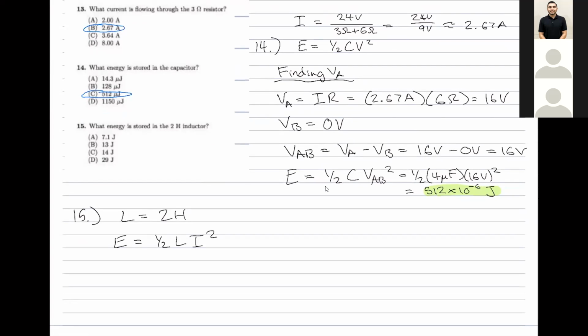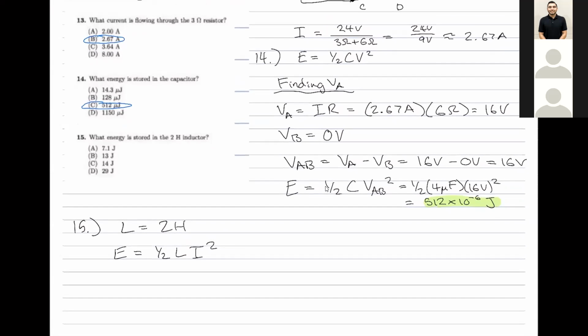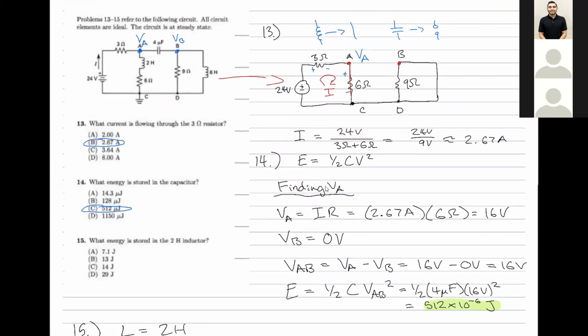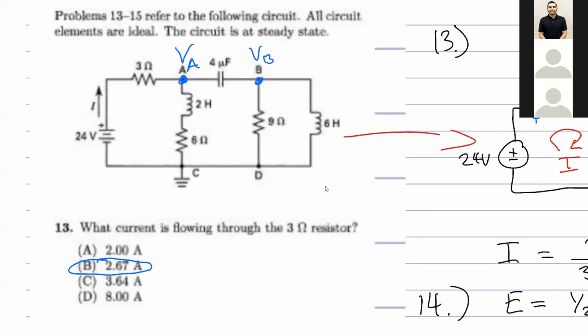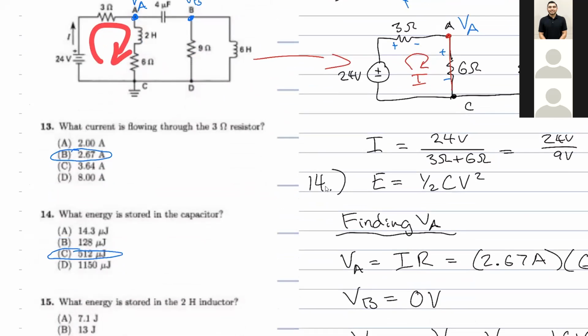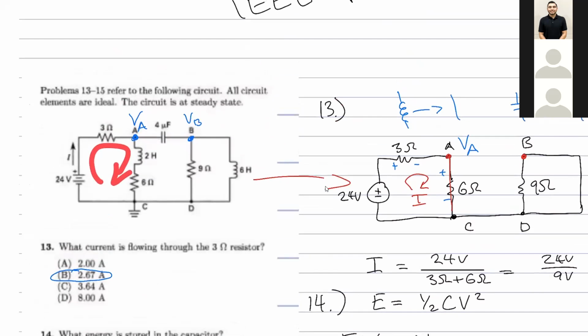We already have the inductance, so all we have to do is find the current. Since it's talking about the 2 henry inductor, if we look at the diagram, the current for this inductor we already found in the previous problems. It's just that current going through there. And since the rest of it is open over here, we don't even have to worry about that.